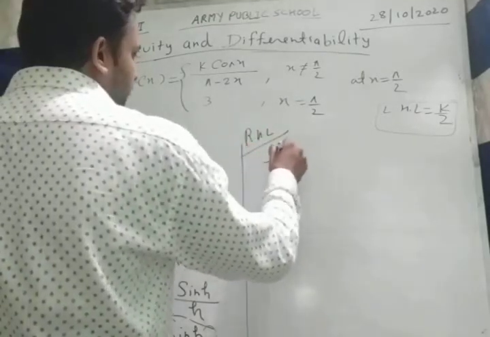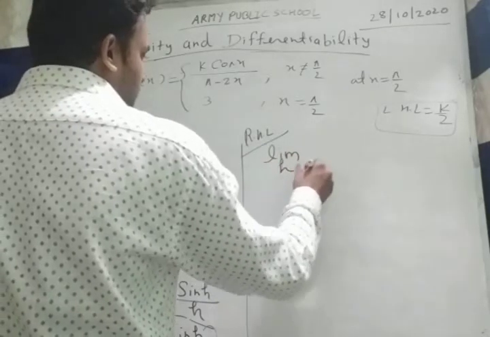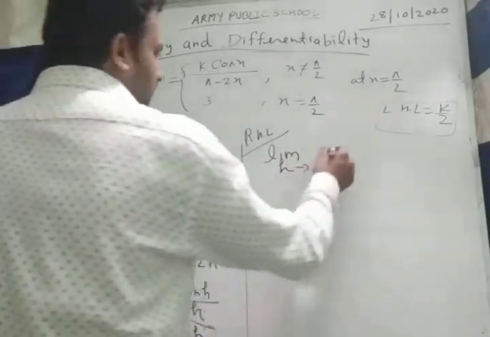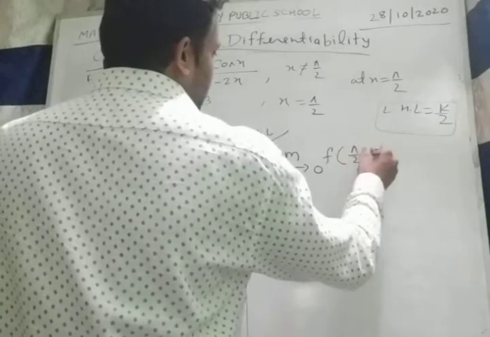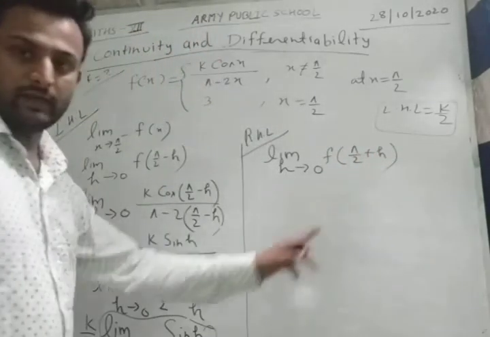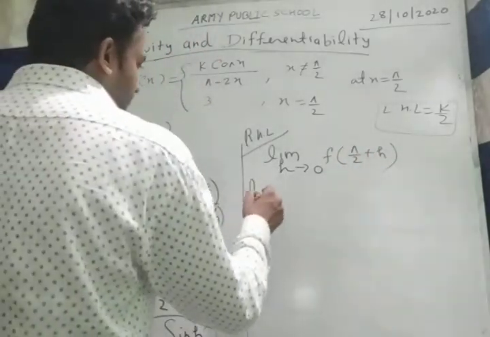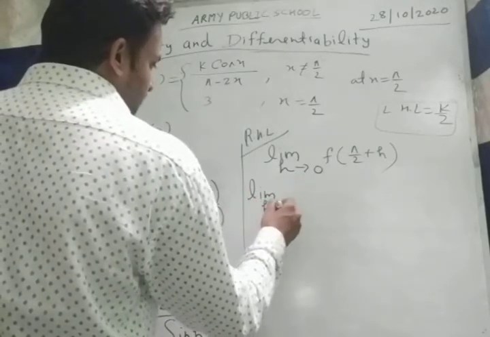So limit h tends to 0, f of pi by 2 plus h. We write this. Now limit h tends to 0.